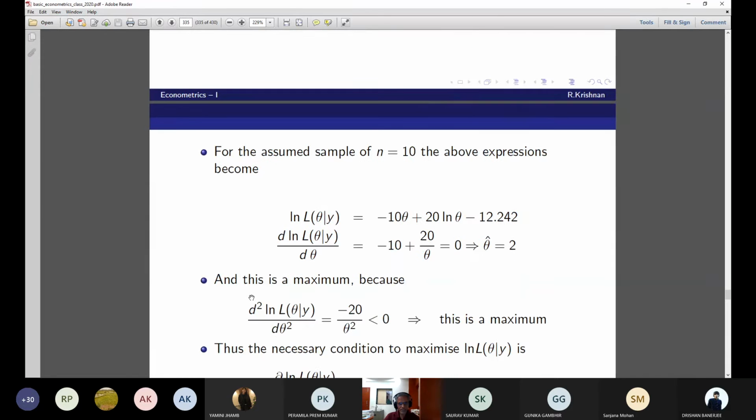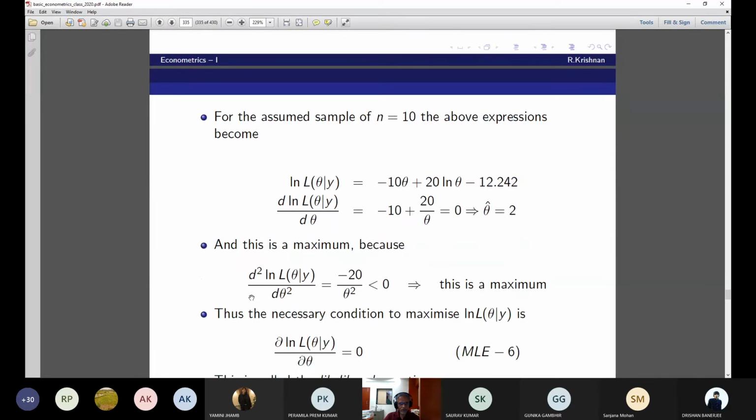For an assumed sample of size n, the above expressions become this. So what is that value of theta for which we'll maximize the probability? The value of theta will be 2. And this is a maximum because of this.